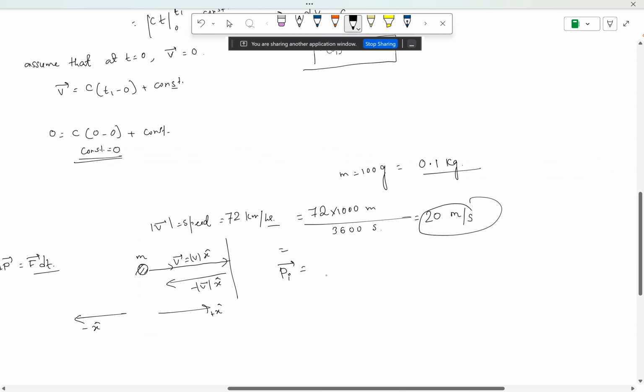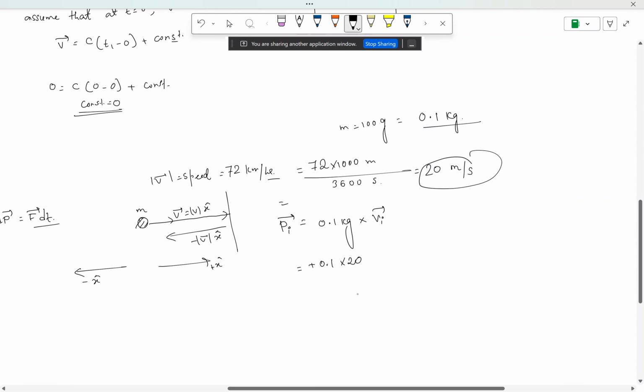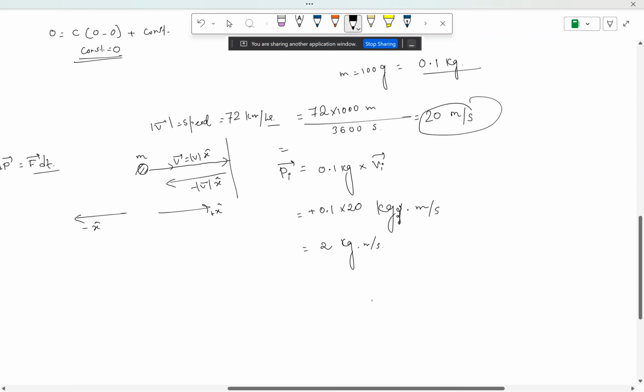So the initial momentum is 0.1 kg into the initial velocity, 20, in the plus direction, which is 2 kg meter per second.